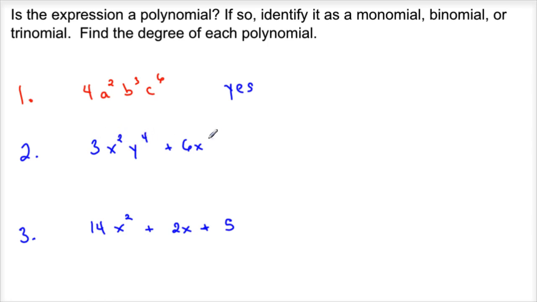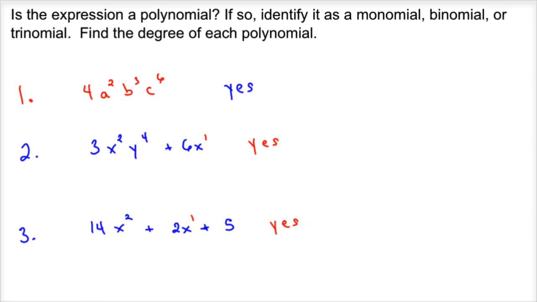Both the exponents are positive here, plus 6x to the first power. So yes, this is a polynomial. All my exponents are positive, or whole numbers. Lastly, 14x squared plus 2x to the first plus 5. X squared is positive, x to the first is positive, and 5 doesn't have an exponent. So yes, this is a polynomial as well.